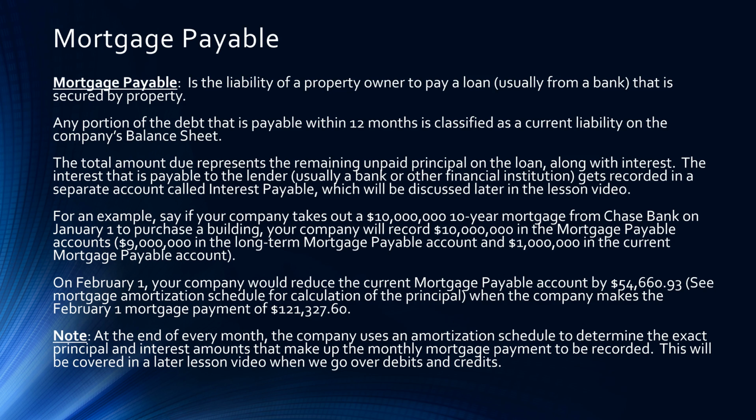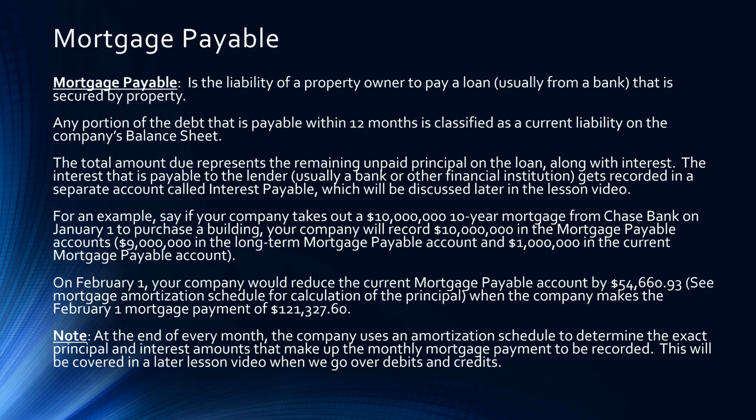So on February 1st, your company would reduce the current mortgage payable account by an amount of $54,660.93. Please refer to the mortgage amortization schedule for calculation of the principal and interest. That's when the company makes the February 1st mortgage payment of $121,327.60.